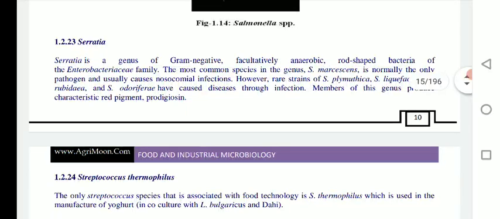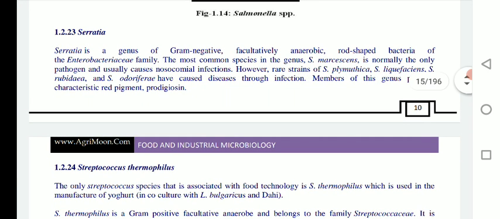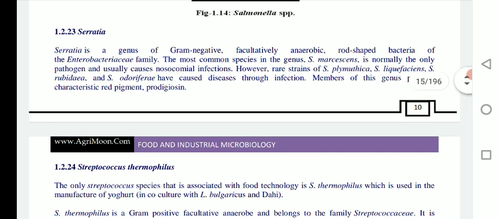And then the next bacteria is Serratia. Serratia is a genus of gram negative facultative anaerobic rod shaped bacteria which belongs to the Enterobacteriaceae family, and the most common species in the genus is Serratia marcescens.